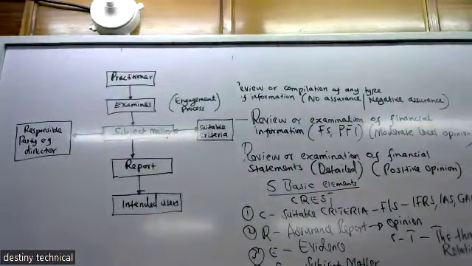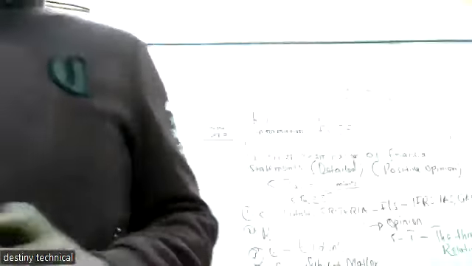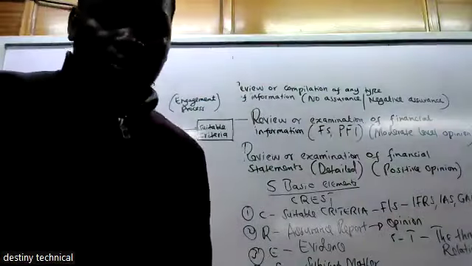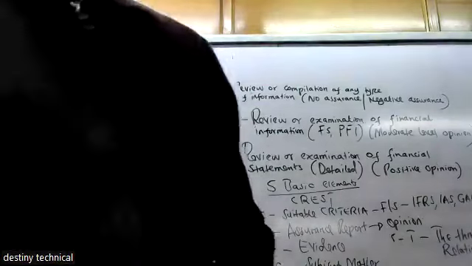Let's go to the characteristics of suitable criteria. Point A, relevance. So you have to use a criteria that's relevant. Number two, understandability.